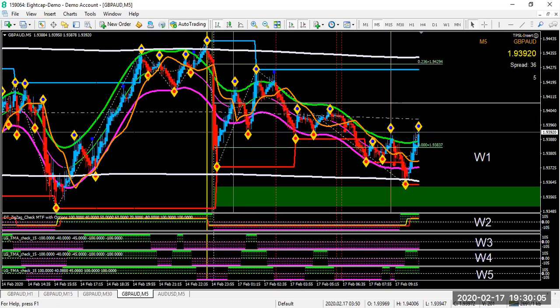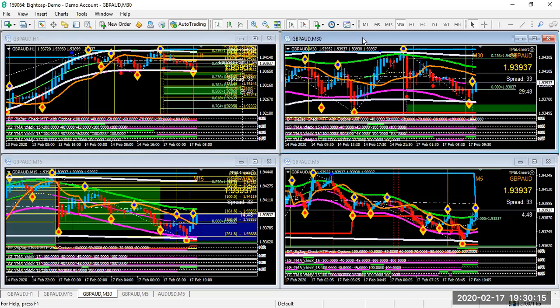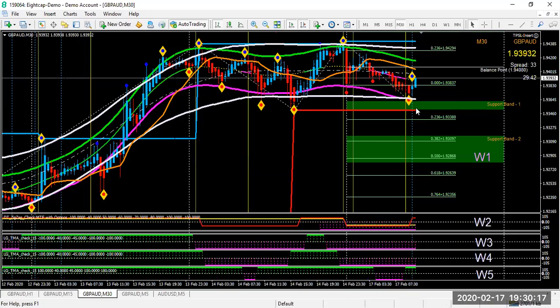Okay, 7:30. Once again, we've got a bit of a frozen screen as the alerts are trying to give us a pop-up box. So here, the 30-minute didn't really give us any opportunity to enter.